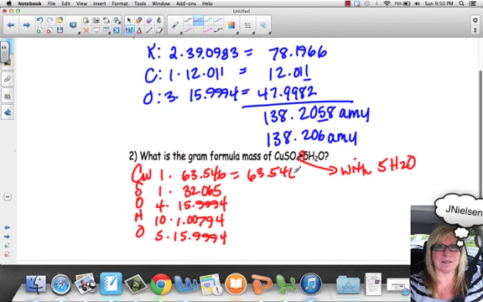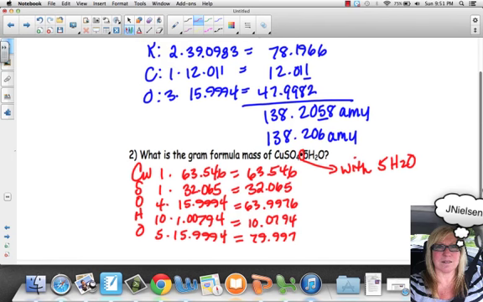63.546, and this is 32.065, but we've got 4 oxygens here, so that's 63.9976, and we've got 10 hydrogens, which is 10.0794, and 5 oxygens, which is 79.997.